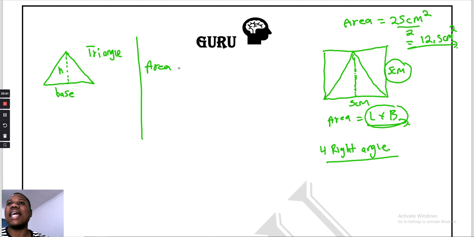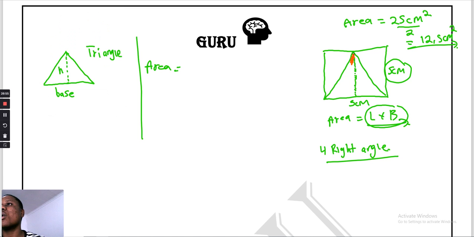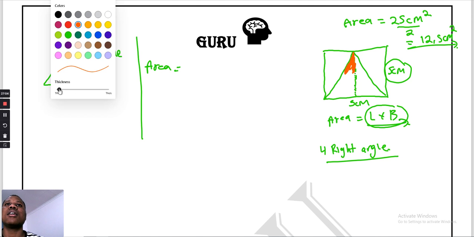The area now, we are no longer going to say we take full of this. We are no longer going to take this line, because if you check, let me get a different color so that I can highlight something, because we are only talking about this color that is going to be painted with orange here. Let me increase the scale here. All right.